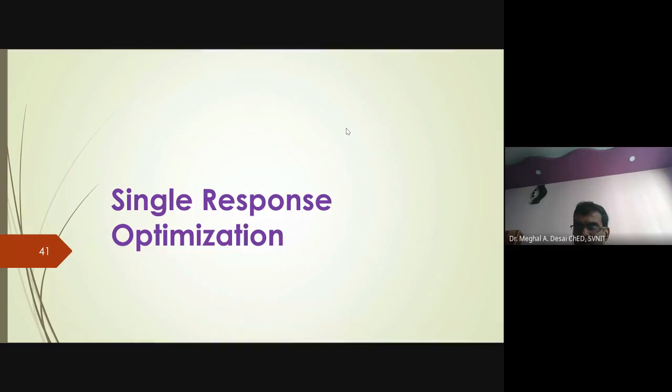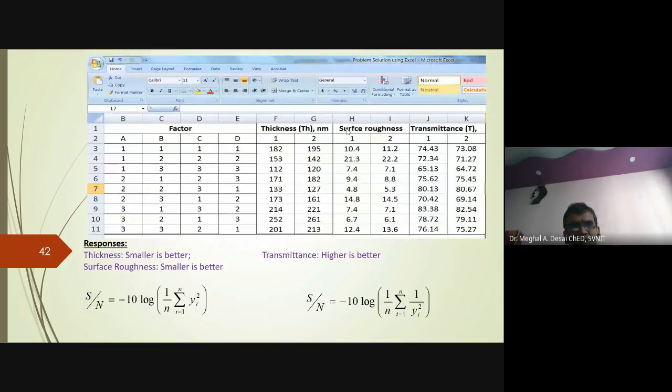Okay. So first I will talk about single response analysis. So over here, the case study that was taken is regarding the surface treatment, okay, of some alloy, where three responses: thickness of that particular system, the surface roughness and transmittance are measured, and the responses that are required.